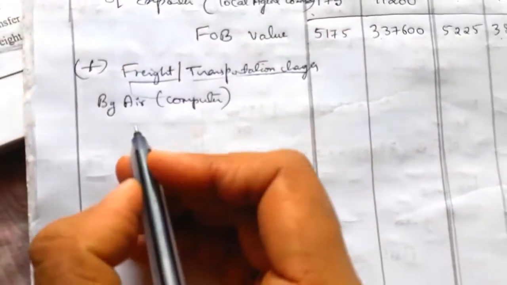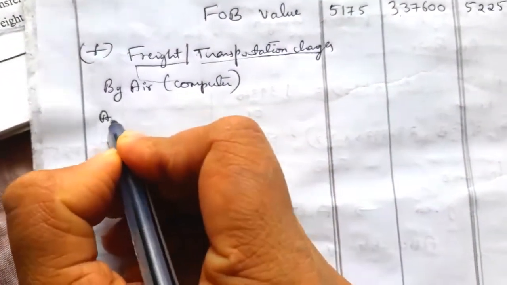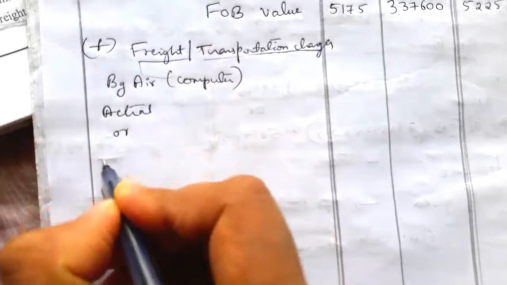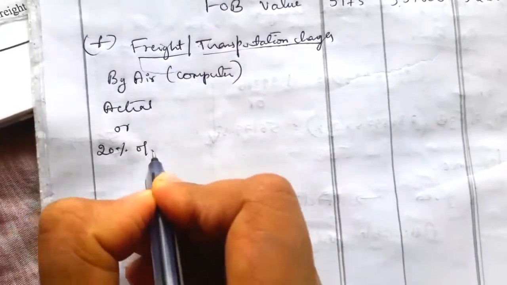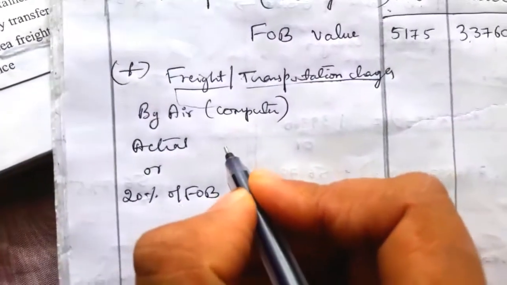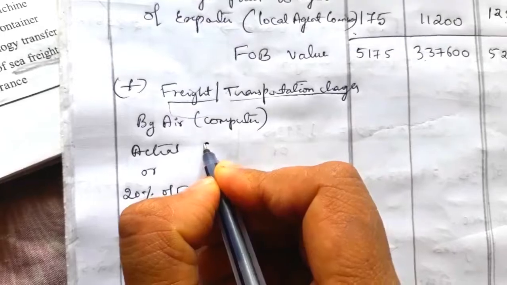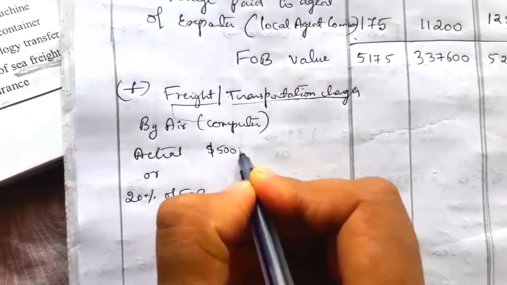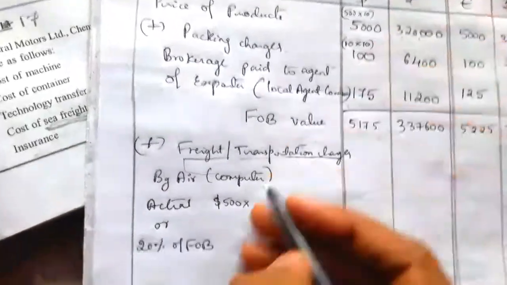So for the by air, what is the rule? Actual or 20% of FOB. So actual how much they have given, $500. So $500 into exchange rate how much, 64.